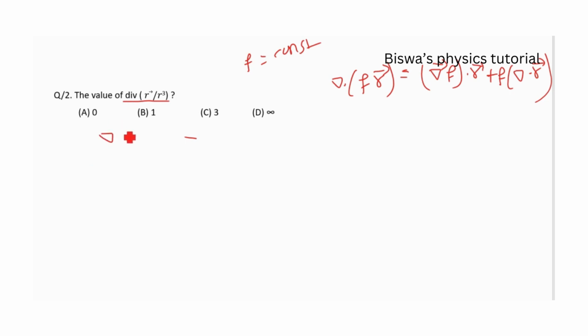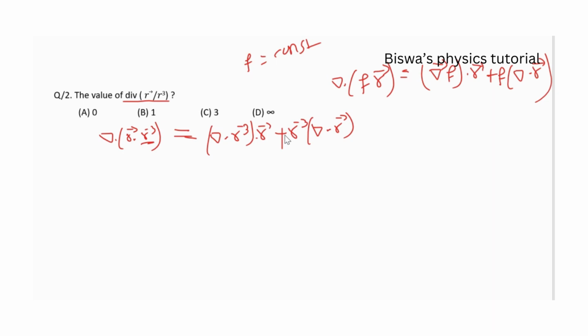So my formula will become divergence of r vector into r to the power minus 3. So this I treat as constant. So I'll put the same formula. Okay, so del dot r to the power minus 3 whole into r cap dot r cap plus r to the power minus 3 del dot r vector.